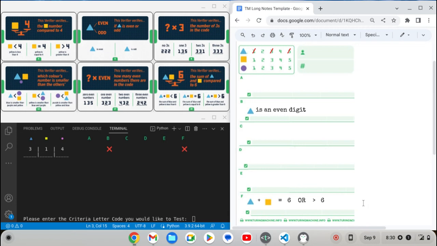Well, no, I take that back, because the greatest triangle could be is 4. That means square cannot be a 1, because the largest sum that would include 1 would be a 5, and that is less than 6, which cannot happen. But 4 and 2 does give us 6.